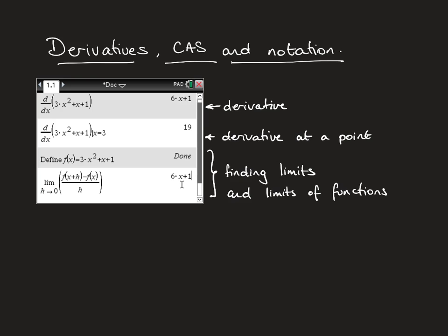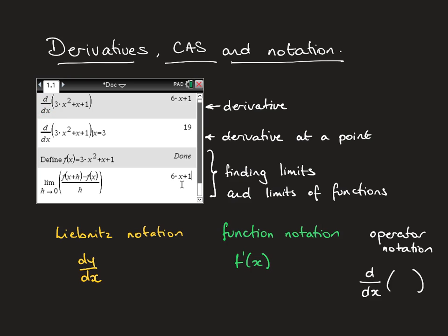But I do want to talk about the fact that we've got dy dx notation, which is Leibniz notation. We also have our function notation, which we use as f of x, and what's called operator notation, which is what your CAS calculator is using here. Now, you need to be aware that these d's in the Leibniz notation are not variables and they can't be cancelled down.